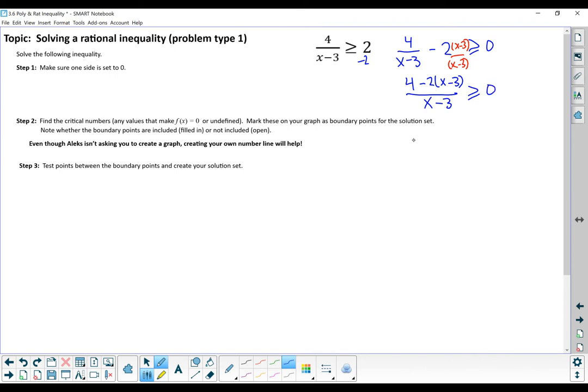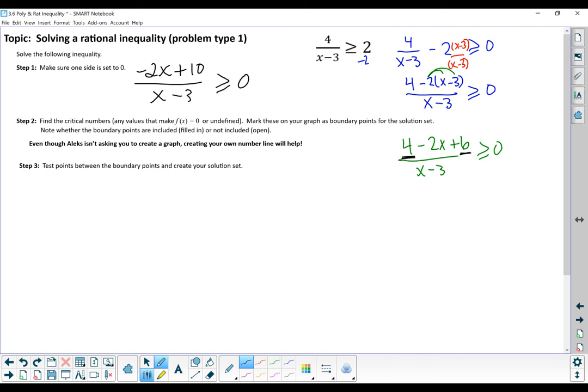I want to clean up my numerator a little bit by distributing that negative 2. So this gives me 4 minus 2x plus 6 over x minus 3 greater than or equal to 0. So finally, if I combine the 4 and the 6 together, I have negative 2x plus 10 over x minus 3.